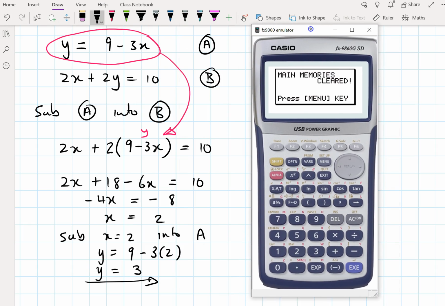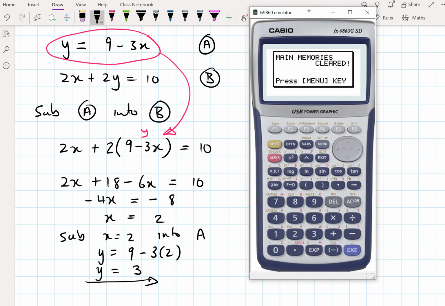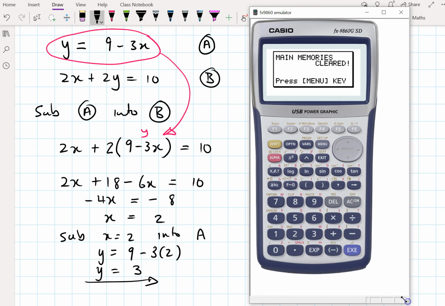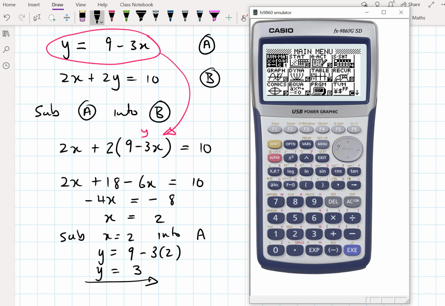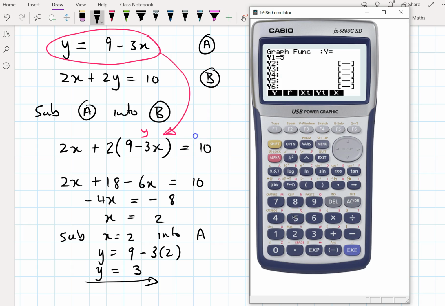And this is why it's so important that you have a graphics calculator, because it's really going to help you with this particular task. Now, if we go into the menu of the graphics calculator, there are different functions over here that we can look at. The one we're going to look at is this graphing function. My calculator might look slightly different to yours because it's an older version, but your one should be fine.